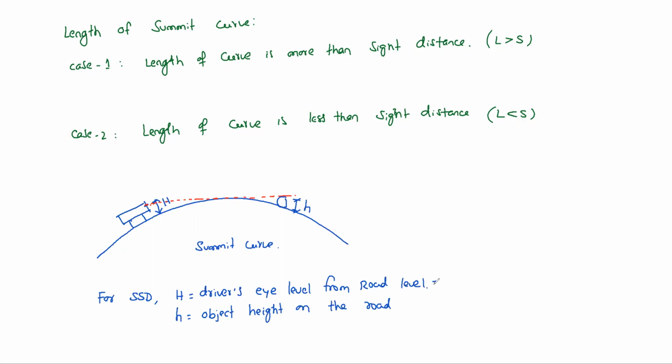Generally, H equals 1.2 meters as per IRC, and small h is 0.15 meter.